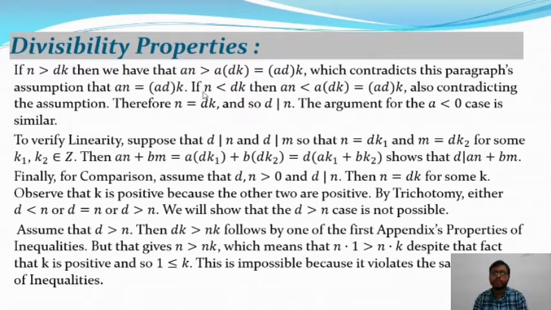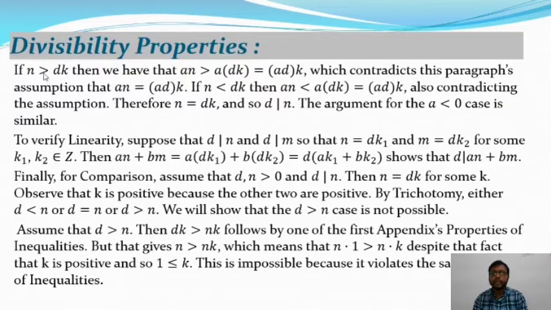Now if we take n less than dk, then we get an less than a into dk, and applying the associativity property, an is less than ad into k, where ad is in brackets, which also contradicts the assumption.